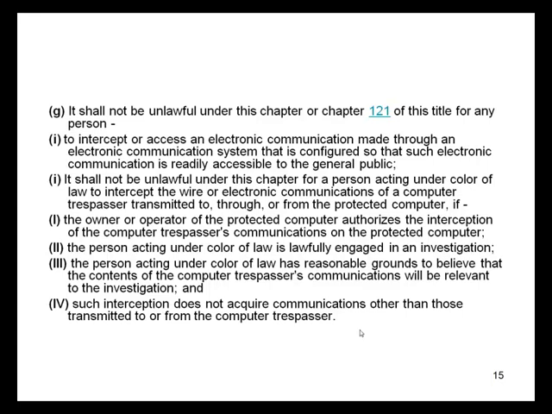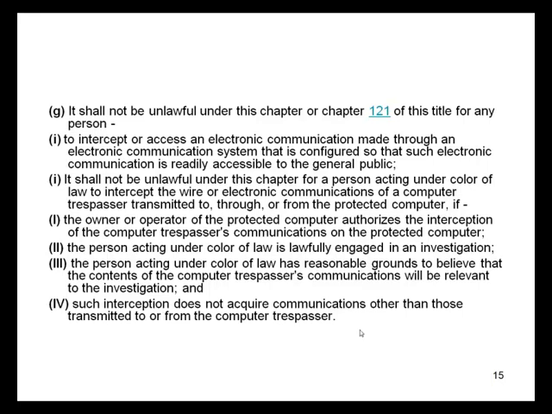And here's where you get into this reasonably accessible to the general public, or readily accessible to the general public, is that if it isn't readily accessible, then it's a violation. Or if it is readily accessible, then it may be an exception.